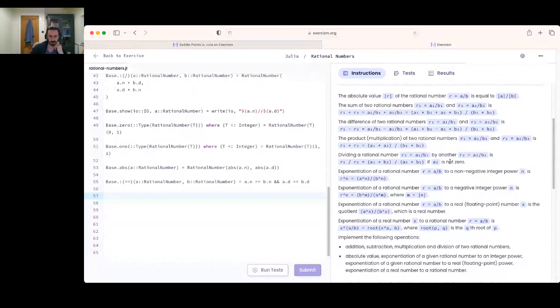Exponentiation of a rational number, a to the x over b to the x. I feel like I'm missing something here. It's a rational.